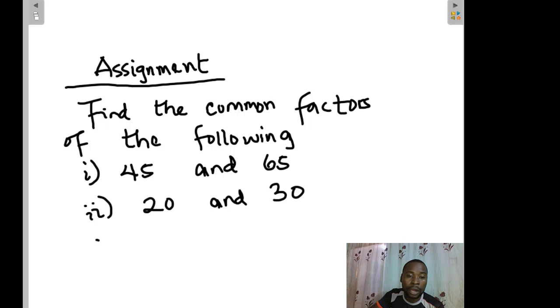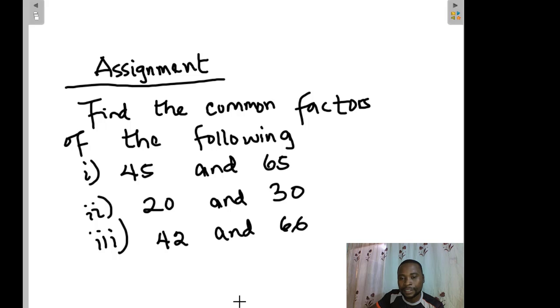And then finally, 3, find the common factors of 42 and 66. Yep. So that's your homework.